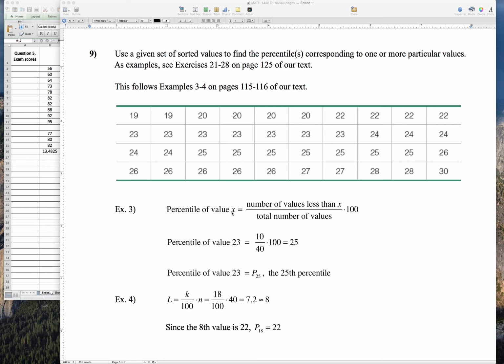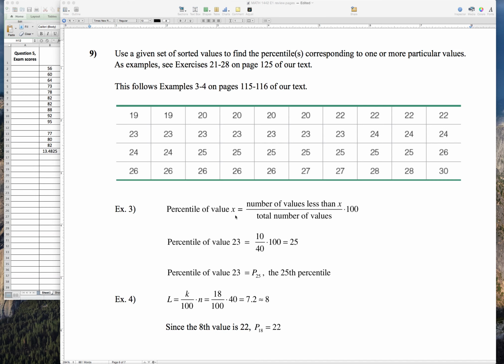The percentile of value x, which is the k here, equals the number of values less than x, and that's going to be the n here. Well, and then we divide by the total number of values, and we multiply by 100 to give us a percent as opposed to a decimal, a proportion.